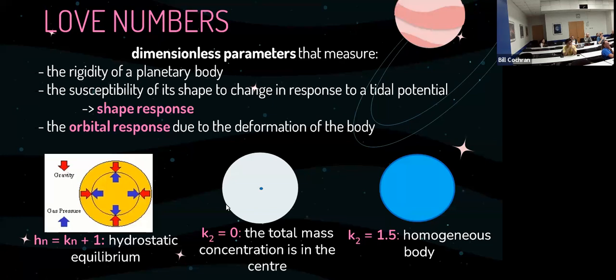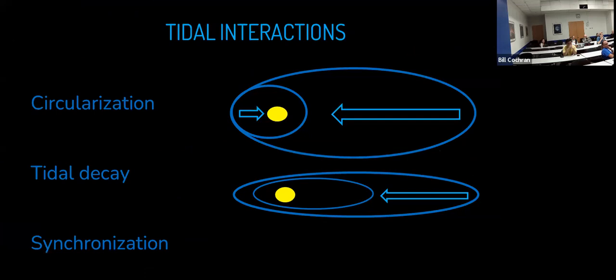In particular, K2 varies from 0 to 1.5. 0 is whenever all the mass is concentrated in a point surrounded by a massless envelope, which is quite unphysical, but it's a limit. K2 equals 1.5 is the highest value, and it corresponds to homogeneous bodies, something like a star. So what happens when you have tidal interactions, and how do we measure the Love numbers?